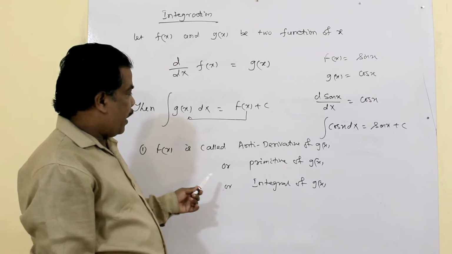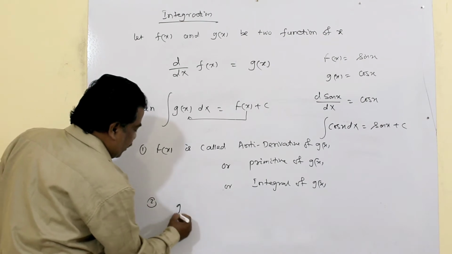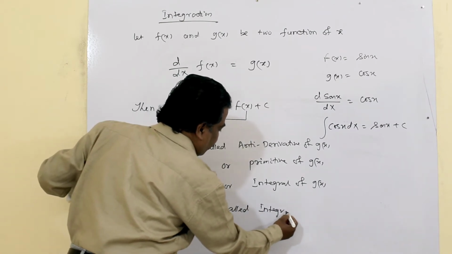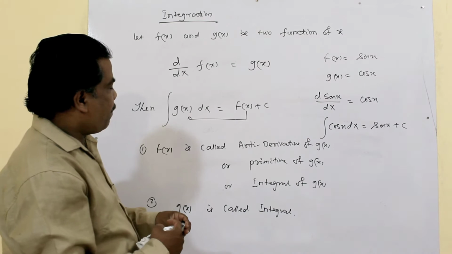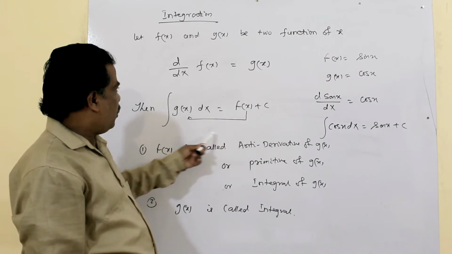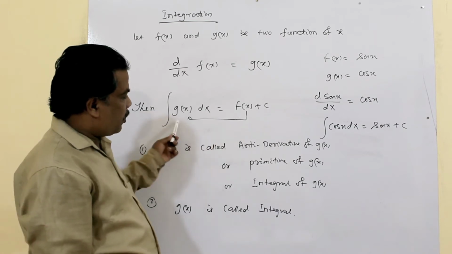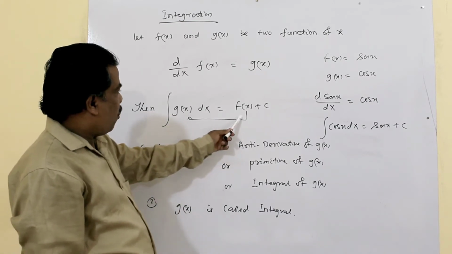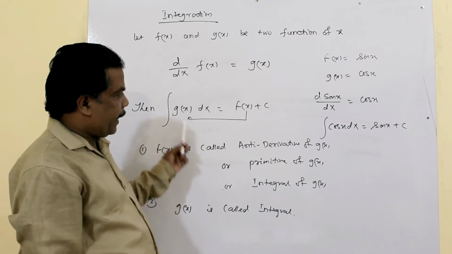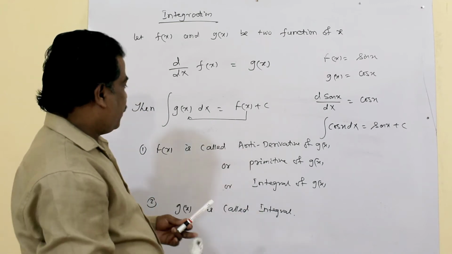So f(x) is called the antiderivative of g(x), the primitive of g(x), the integral of g(x). Now g(x) is called the integrand. If the differentiation of f(x) is equal to g(x), then the integration of g(x) dx is f(x).